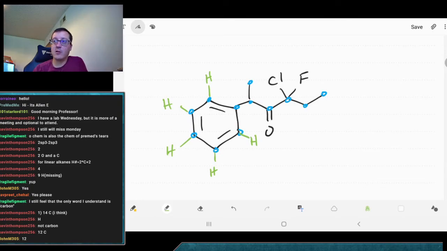That next carbon up there already has 4. This one is missing 1. This one's missing 3. The carbonyl is okay, it already has 4. The one with the halogens also has 4.